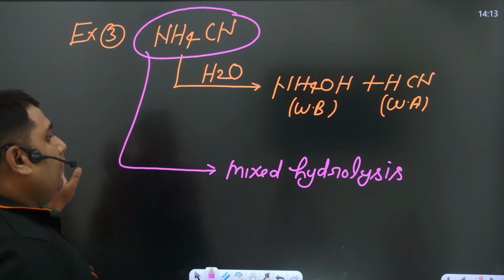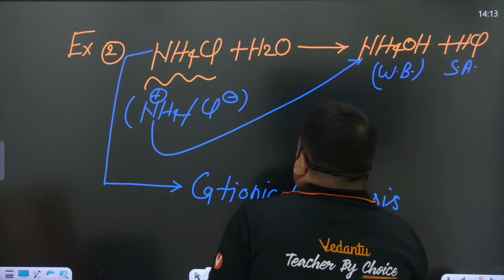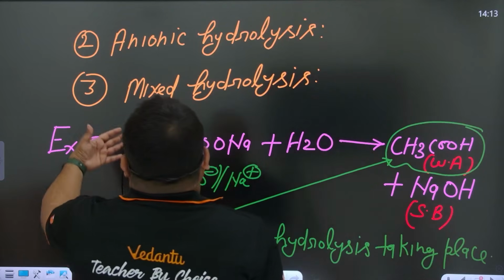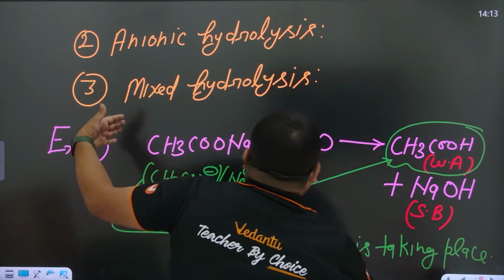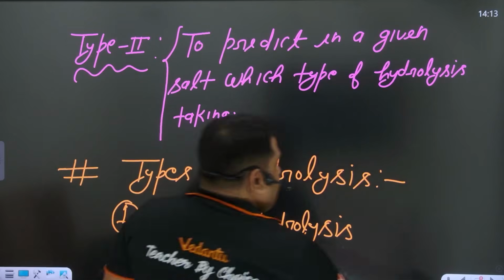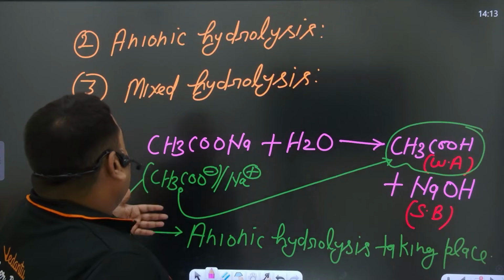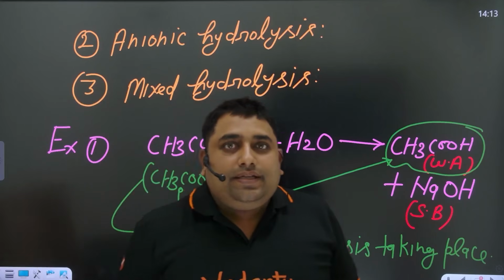So this is a simple concept. Just a quick revise. See, there are three types of hydrolysis: cationic hydrolysis, anionic hydrolysis, and mixed hydrolysis.